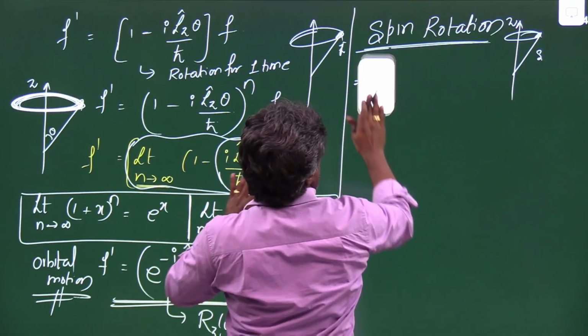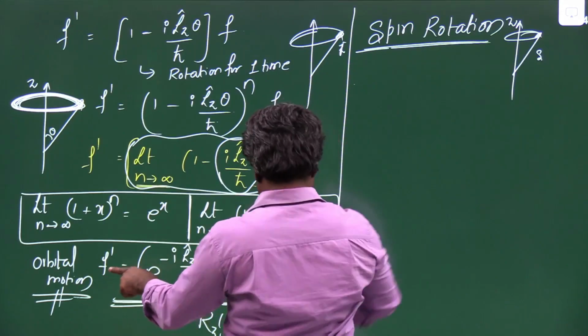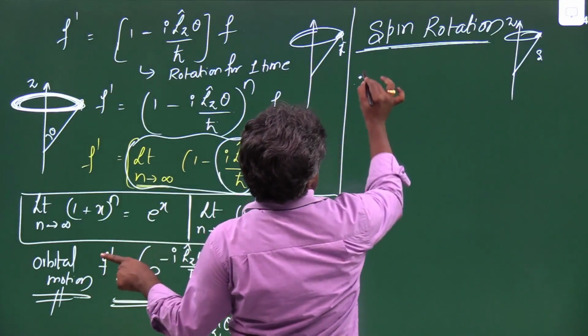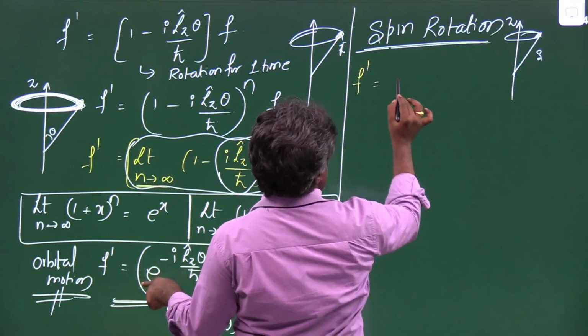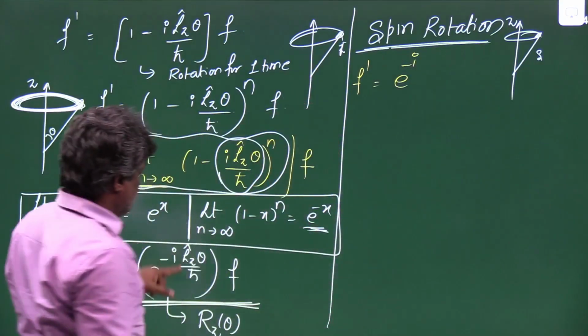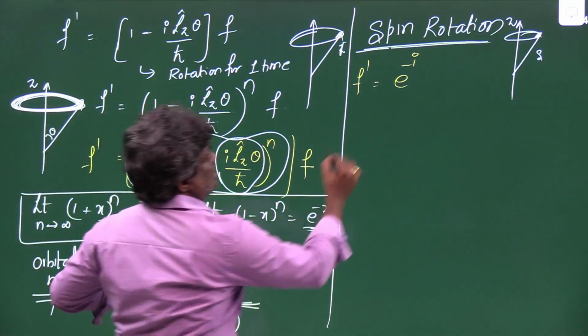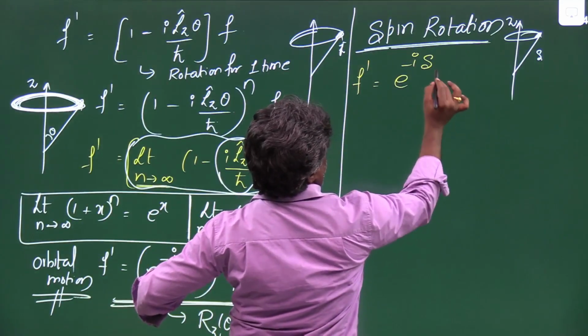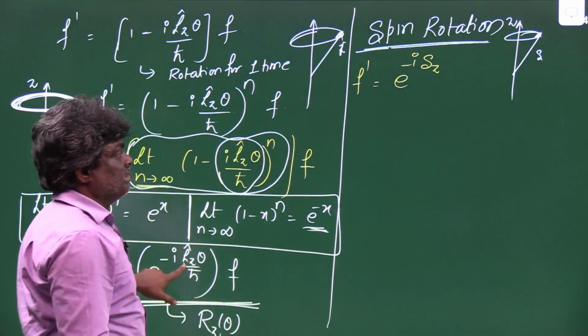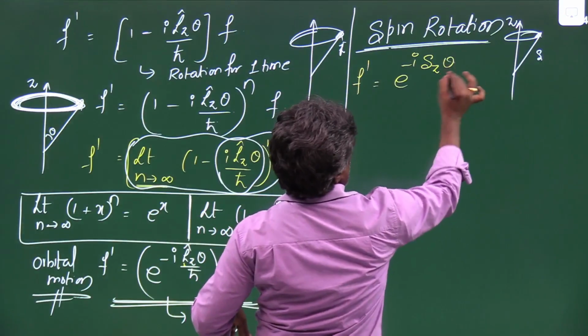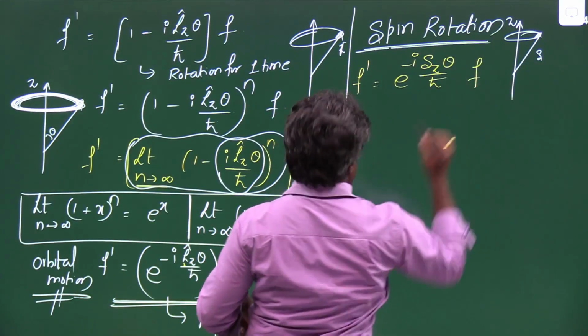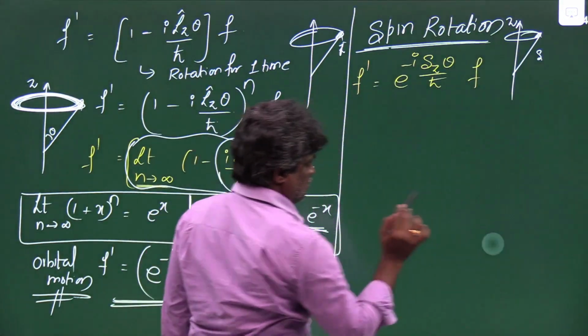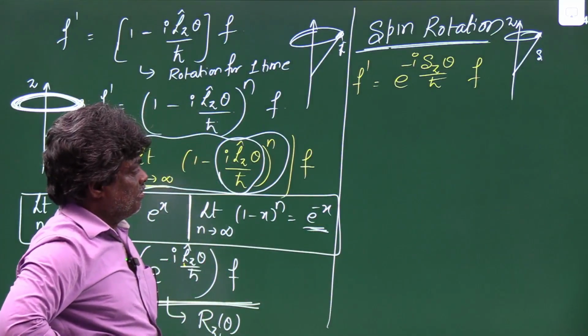Then what could be the rotation? So this can be written the same: F prime equal to e raised to minus iota, wherever L is there, just write S, Sz, theta, that's it, into F. Okay.